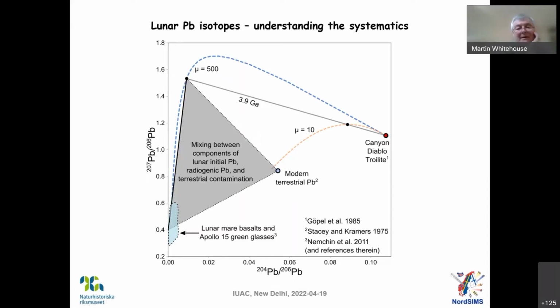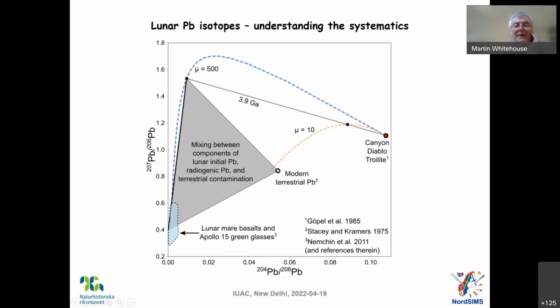And the problem with it is that when you have a system like this, you have an initial component here, you have a radiogenic component here, and then you have this terrible, unavoidable terrestrial contamination component, which is generating a triangle towards modern terrestrial lead.